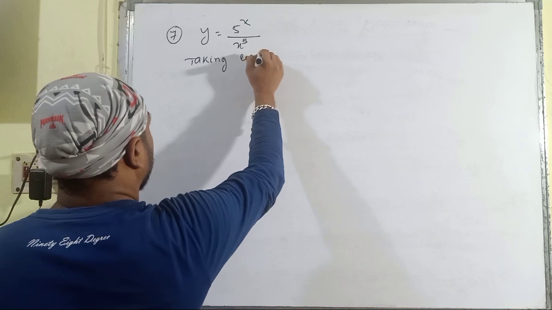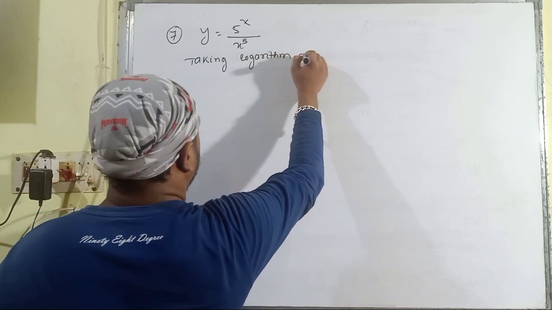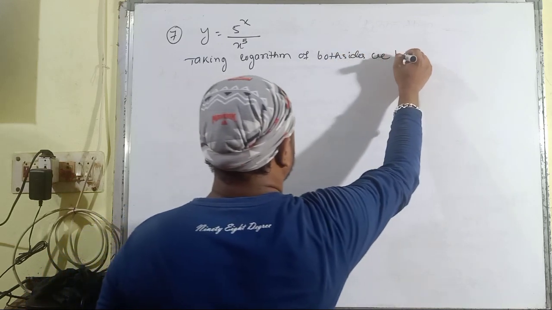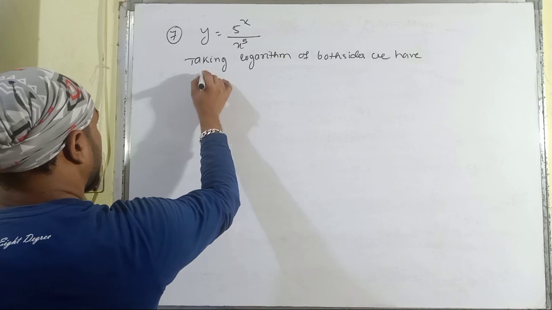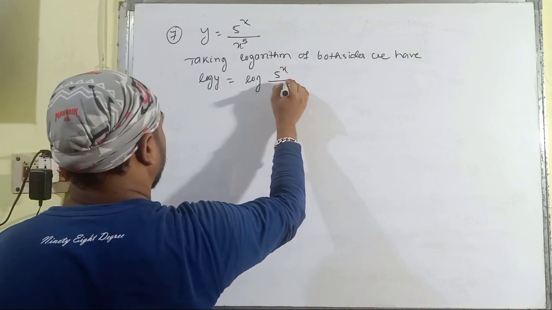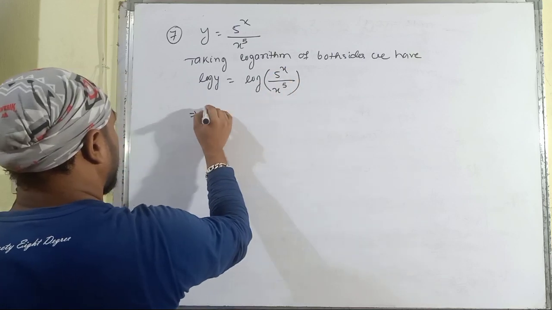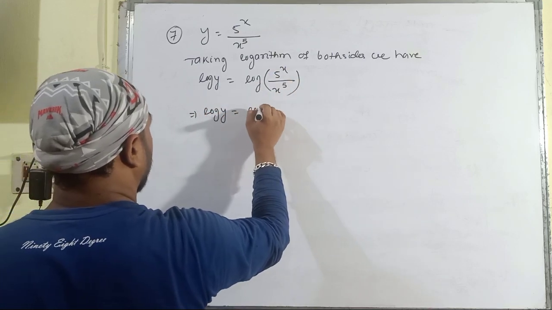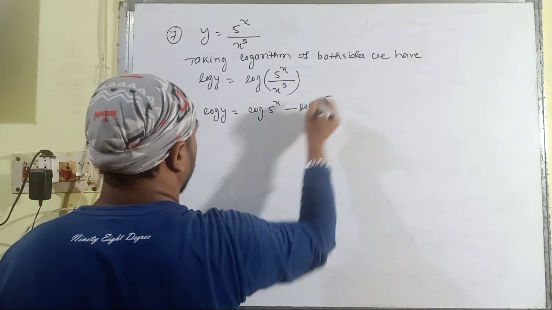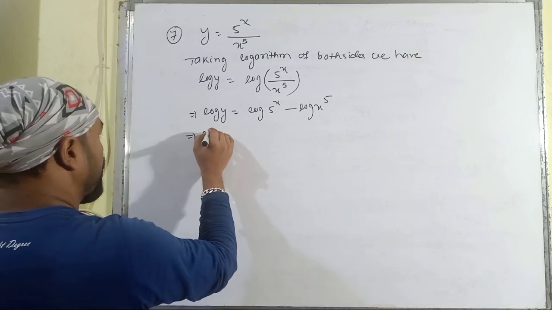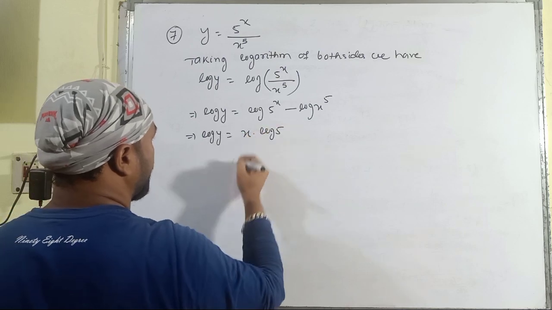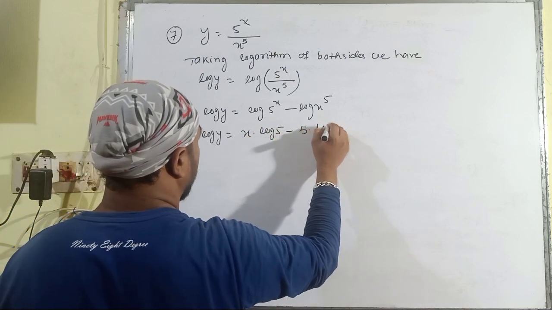Taking logarithm of both sides, we have log y is equal to log 5 to the power x divided by x to the power 5. Log y is equal to log 5 to the power x minus log x to the power 5. Then log y is equal to x multiplied with log 5 minus 5 multiplied with log x.